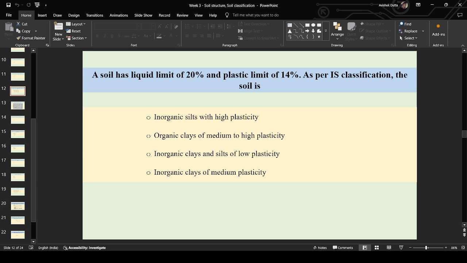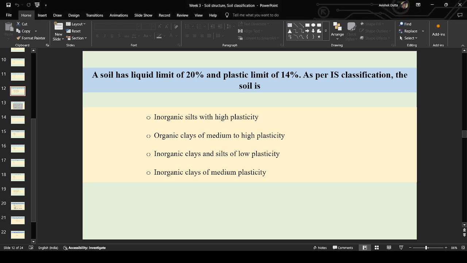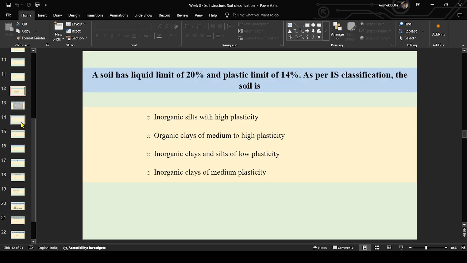Option 3, inorganic clays and silts of low plasticity. And option 4, inorganic clays of medium plasticity. I hope the question was clear. I have the plasticity chart over here. I'll show you while solving this question. Next question.